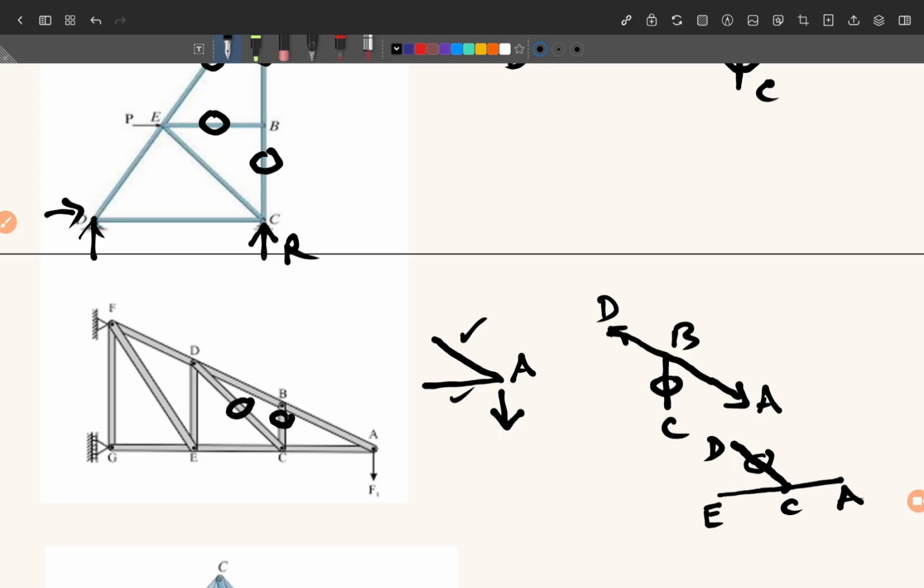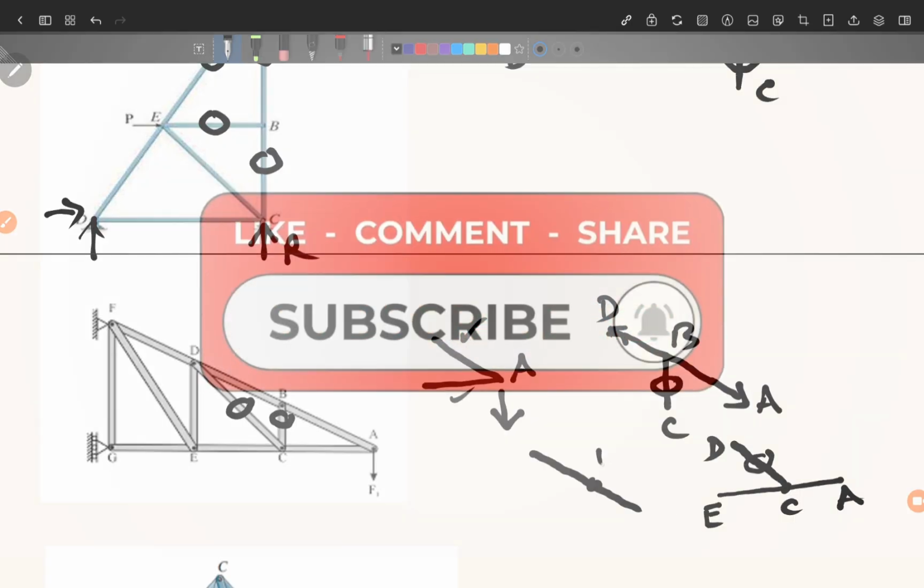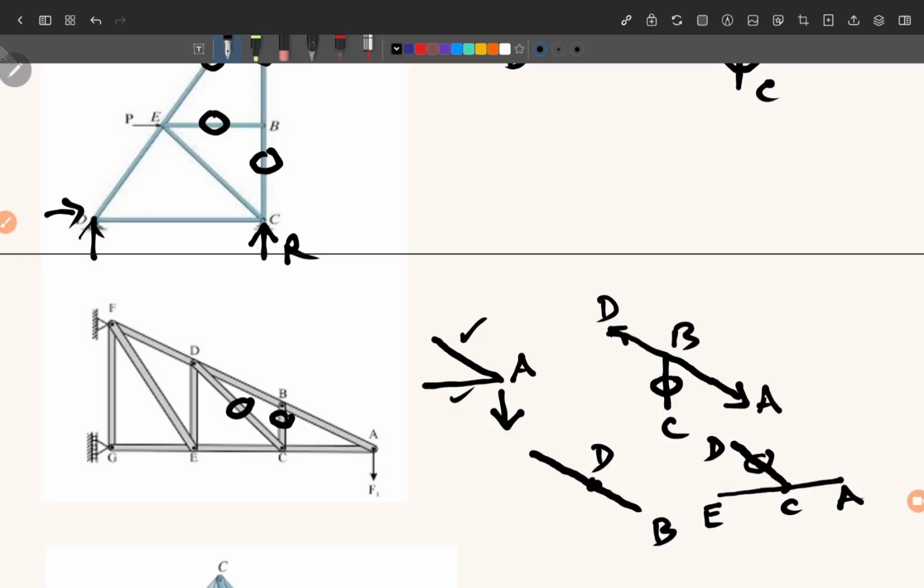Now we go to joint D. Now see what is happening at joint D. Joint D has also now three forces. This is D, this is B, this is F, and this force is DE.